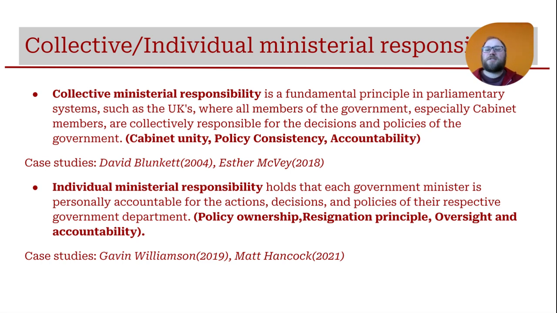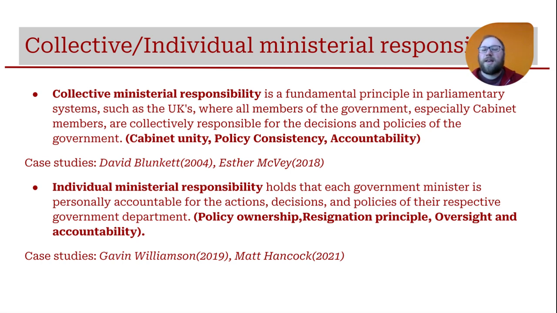You also have this concept of individual ministerial responsibility. And it's twofold. Firstly, it's about individual ministerial responsibility for their department. So, for example, in 2020, after the COVID situation with the exam grades and the mutant algorithm, it was deemed by the Prime Minister that Gavin Williamson was culpable for the poor running of the Department of Education.